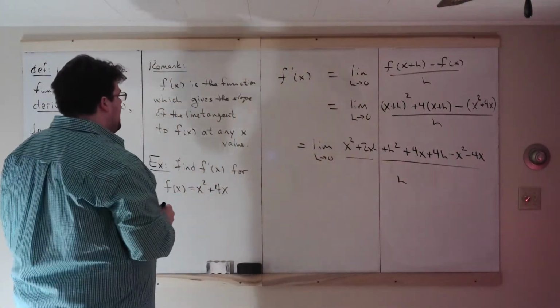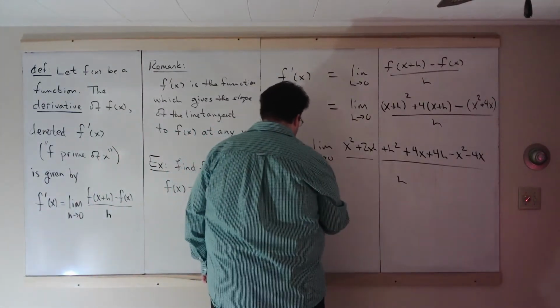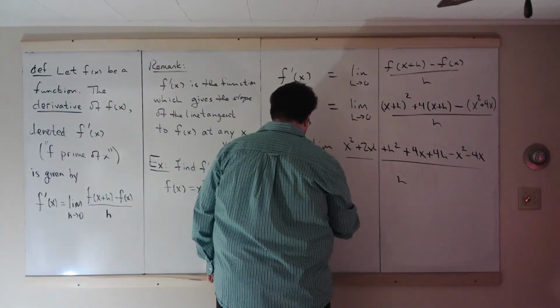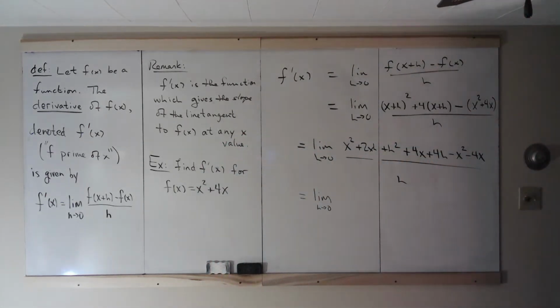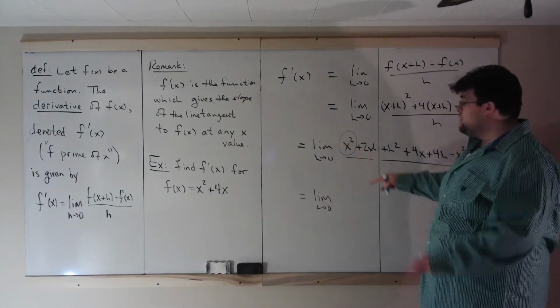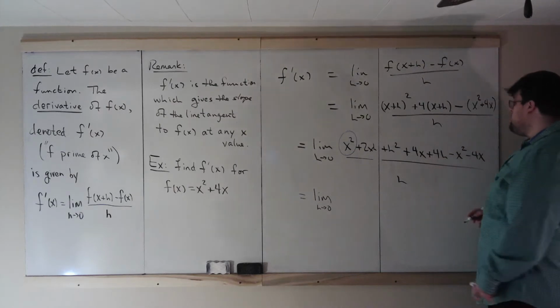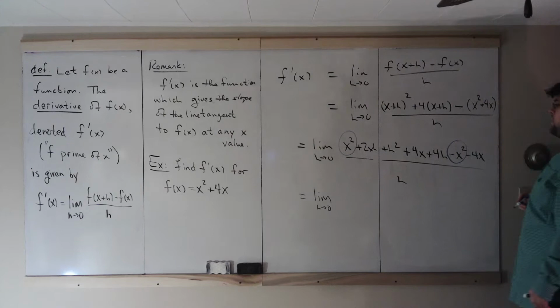Well, what can we do with that? Maybe I'll get a blue marker for this. Look at this. There's an x squared here. If you try substituting here again, you'll get a 0 over 0. But there's an x squared and a negative x squared.